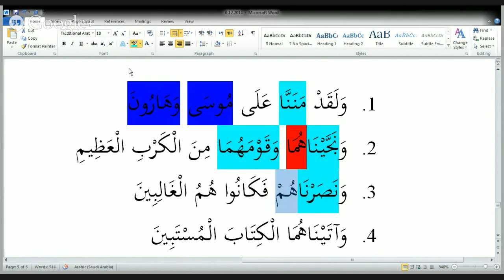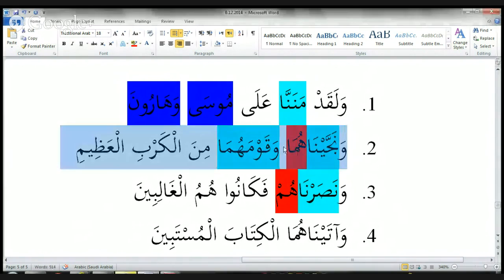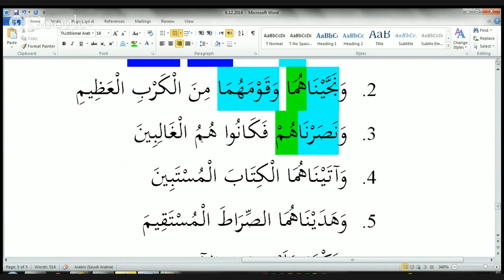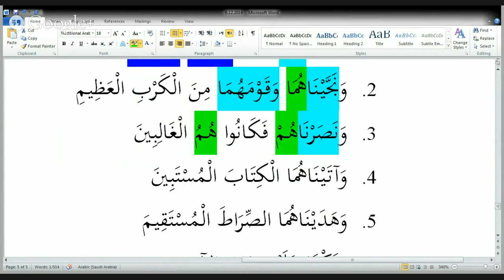Good. That's actually supposed to be green, right? فَكَانُوا هُمُ الْغَالِبِينَ. Anything here? Hum. It became humu just because of the sakin. And it is an independent pronoun. Good.